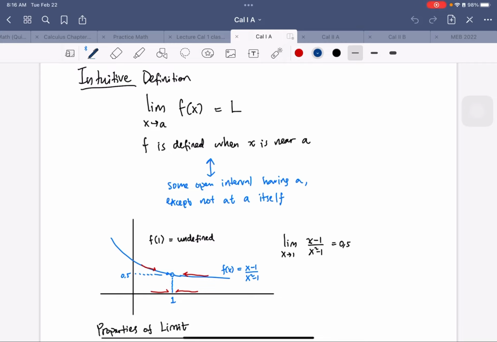Well, if we approach using our tool of limits, nearby 1, let's say here we have 0.99999, and on the right side, we have maybe 1.0000 something. Okay.